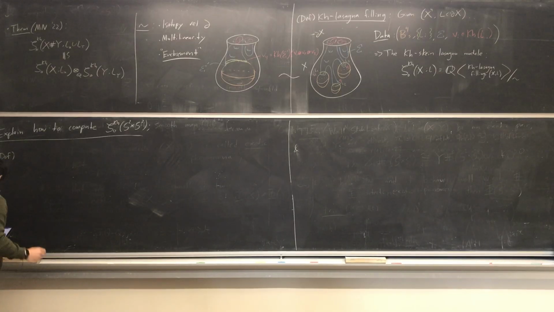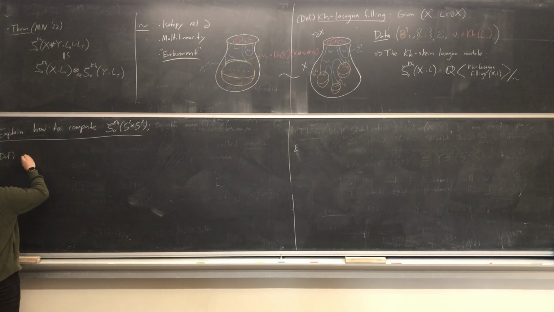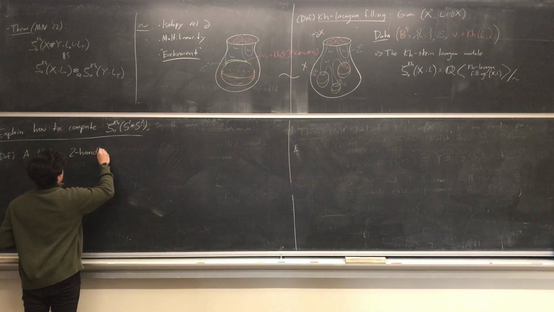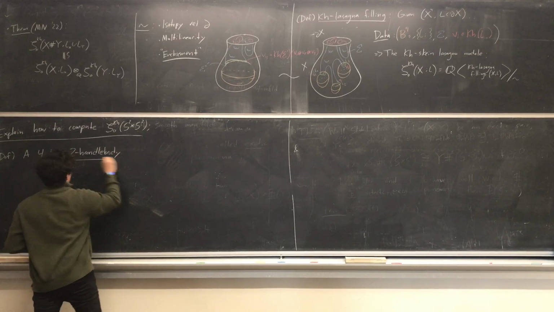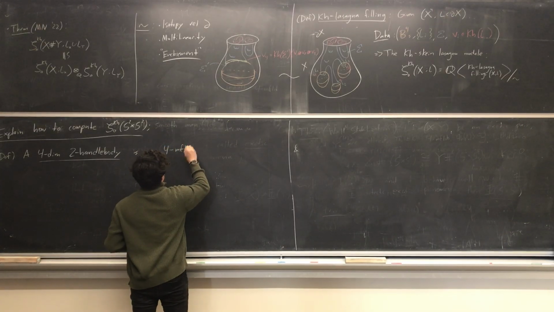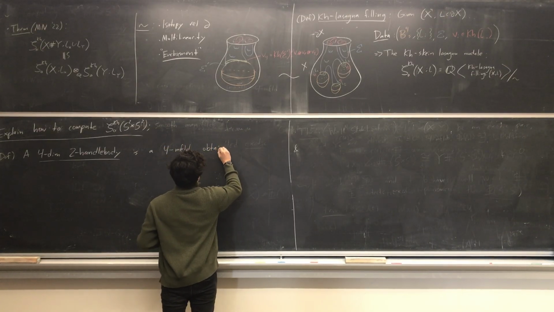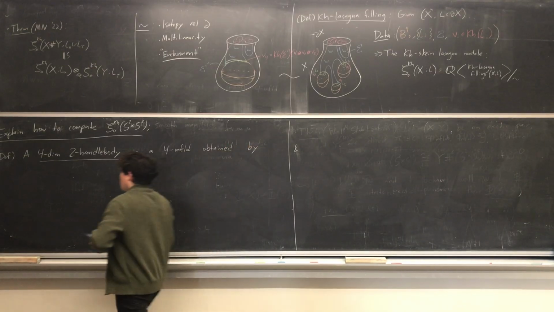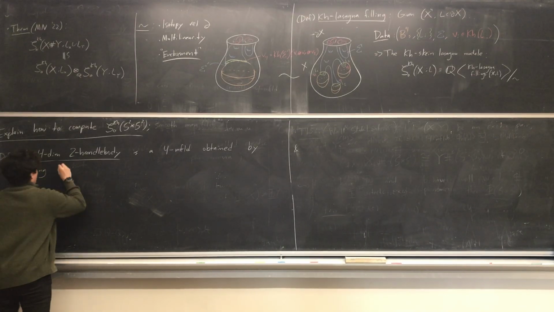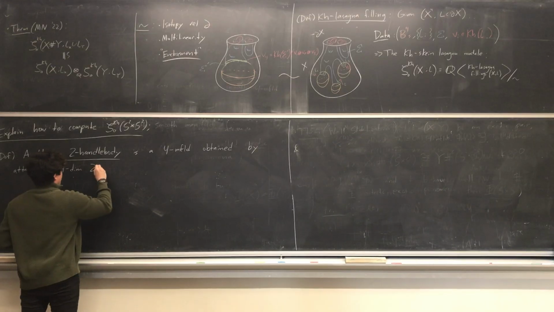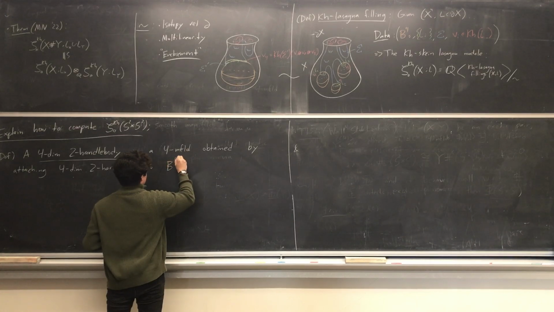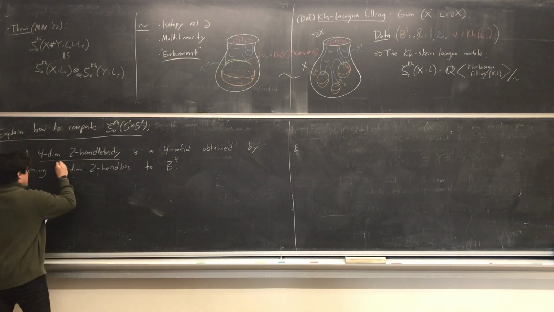Okay, so quick definition. A four-dimensional two-handle body is a four-manifold obtained by attaching four-dimensional two handles to the four ball. And what do I mean by four-dimensional two handles?